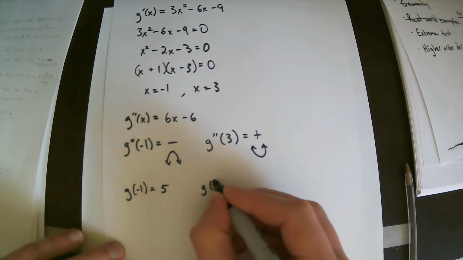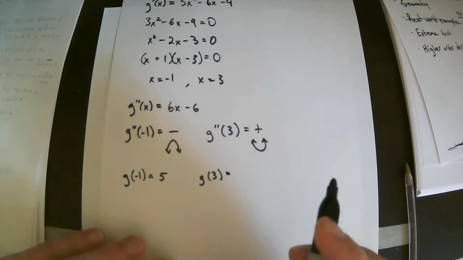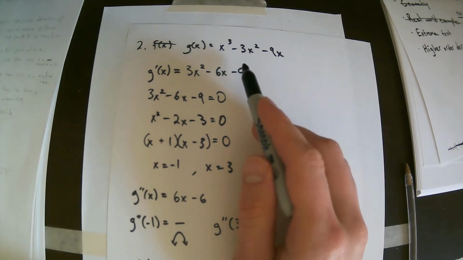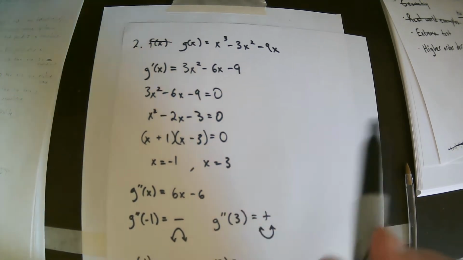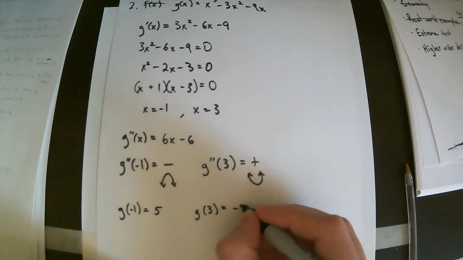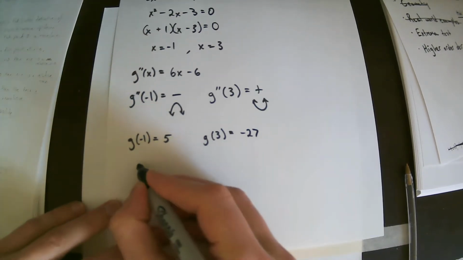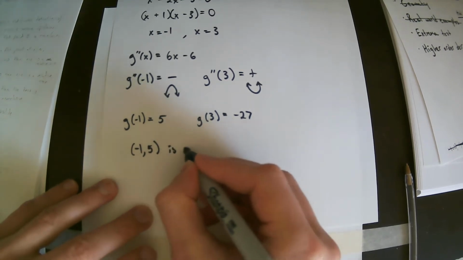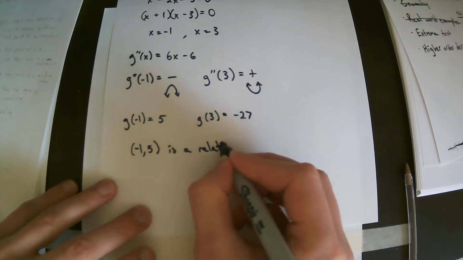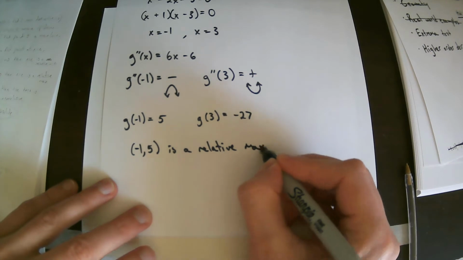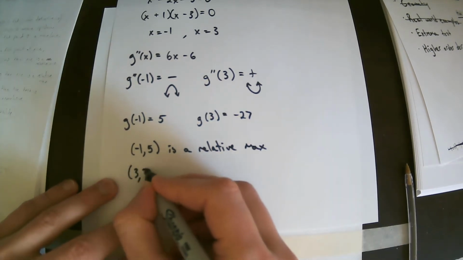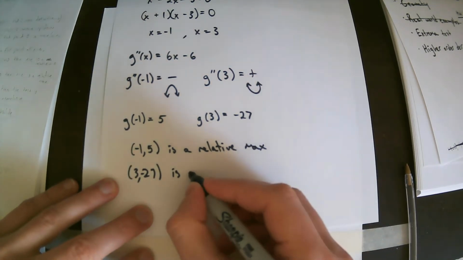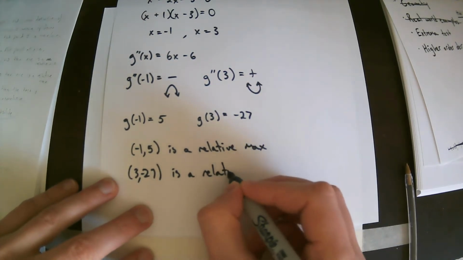And then g of 3, 27 minus 27 minus 27 is going to be negative 27. So the point negative 1 comma 5 is a relative max. And the point 3 comma negative 27, this one, is a relative min.